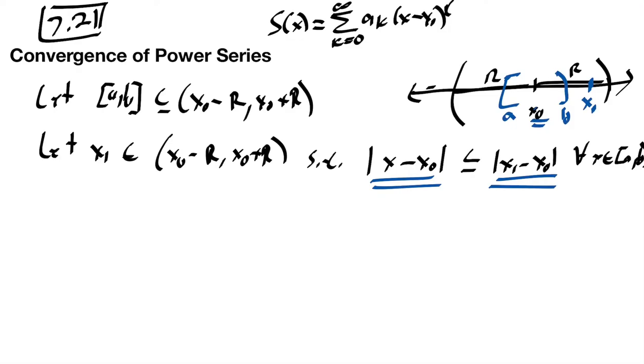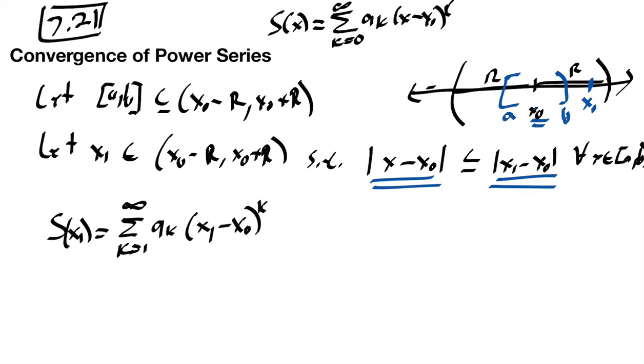Okay. But then I know that this series with x1 must converge. I know that S of x1, which equals the sum as k goes from 1 to infinity of a_k times x1 minus x naught to the k, converges.